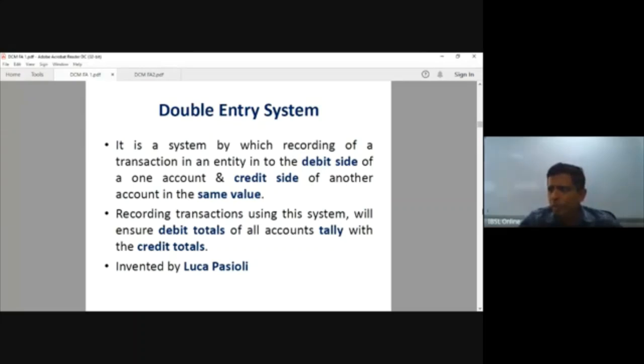Even people nearing their retirement still find it very difficult to understand this system called the double entry system, because they learn it differently. But make sure that you learn it very correctly today.